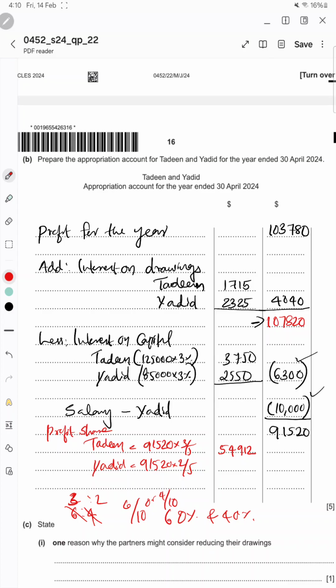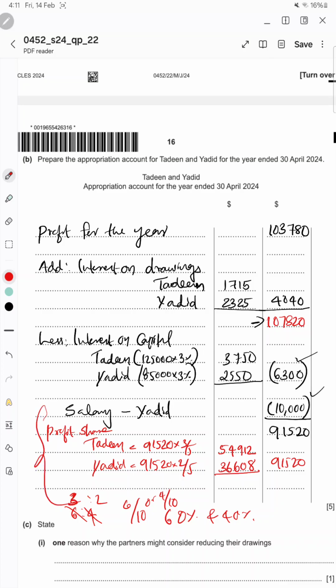Then 91,520 into 2 by 5 will be 36,608. So the total will be 91,520. This is the calculation for the profit or loss appropriation account.